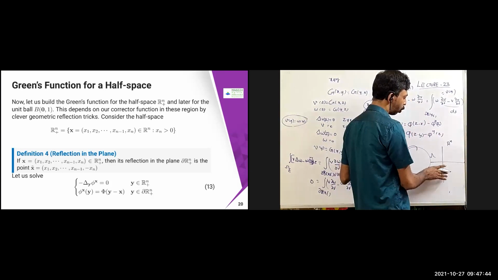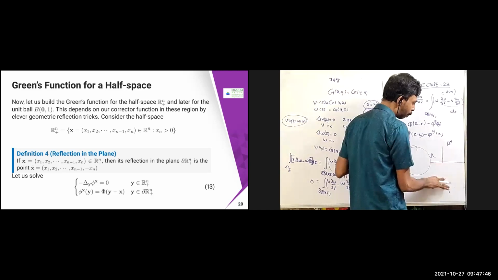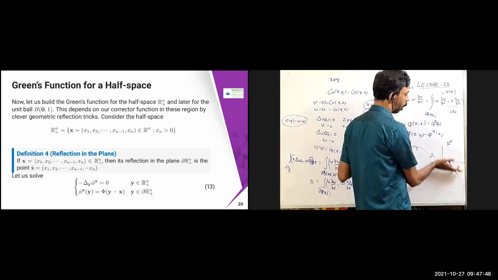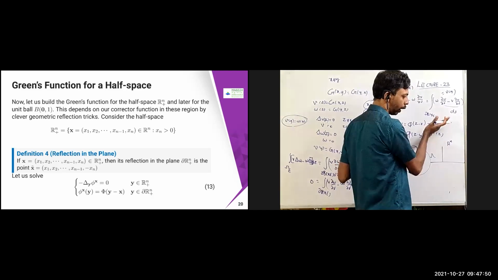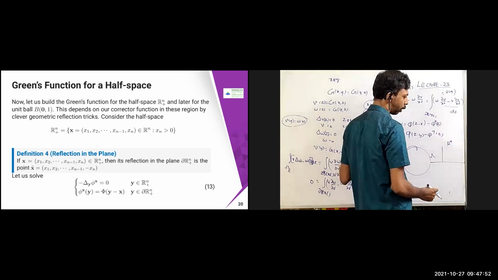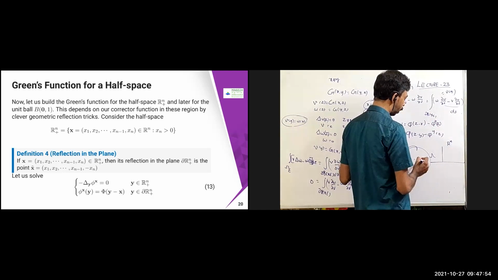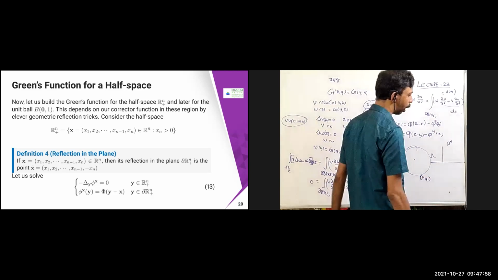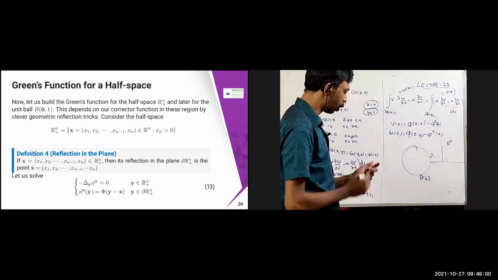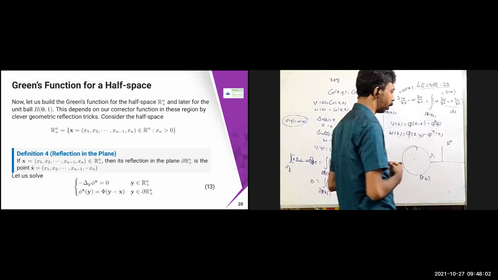Instead, now I am going to consider only the half plane, meaning only the region above. Similarly, I am going to consider the ball B(0,1), a ball with center at 0 and radius 1. That also we are going to consider.